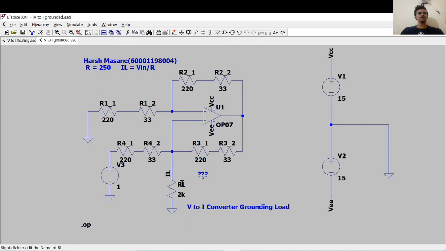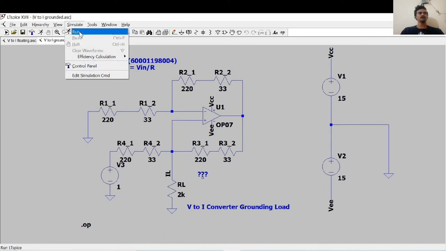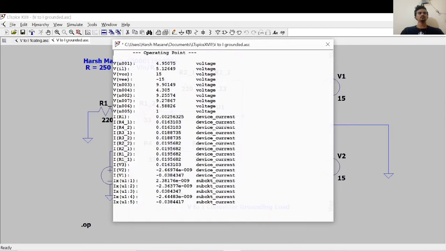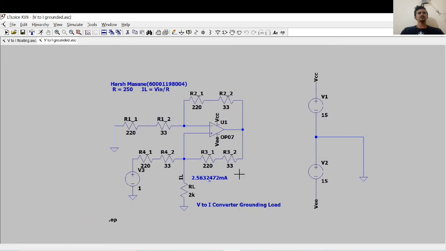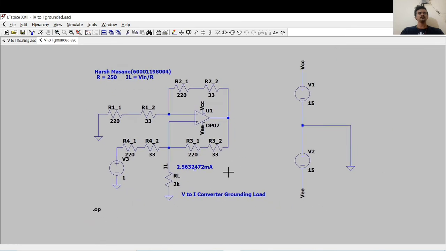And here my load resistor is 2 kilo ohms, similar to the floating load. So my load current is equal to Vin by R. Here I am giving the input as 1 volt. So let's simulate this and see the load current. As you can see, 2.56, it's less than the 4 milliamps.